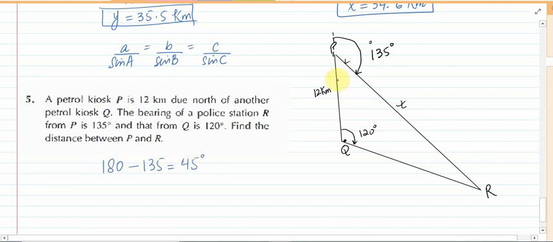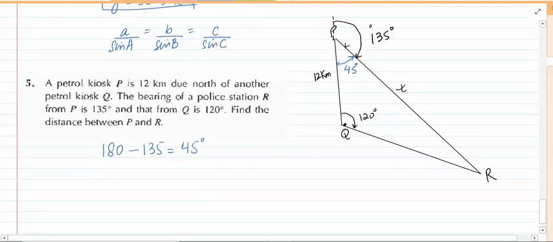And 45 in your figure is this angle, right? Now that is a triangle. In that triangle, two angles are known. That means you can find out the third angle R easily by adding these two angles.